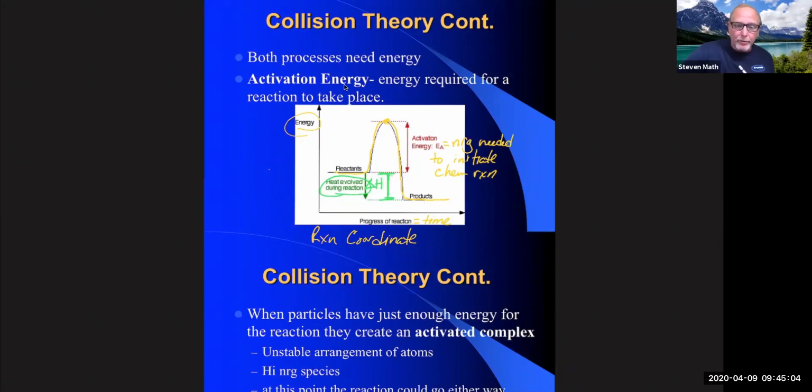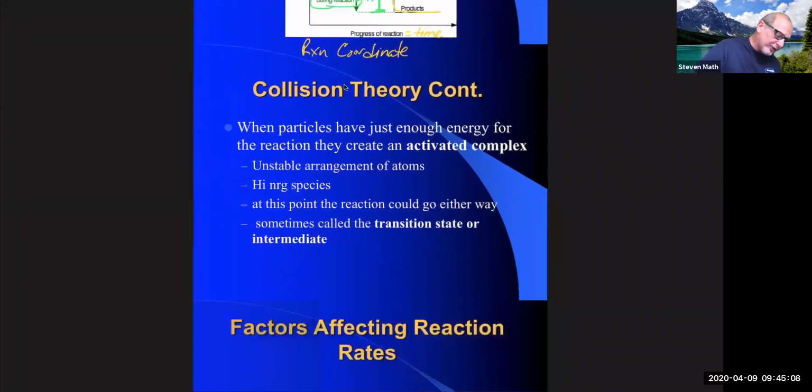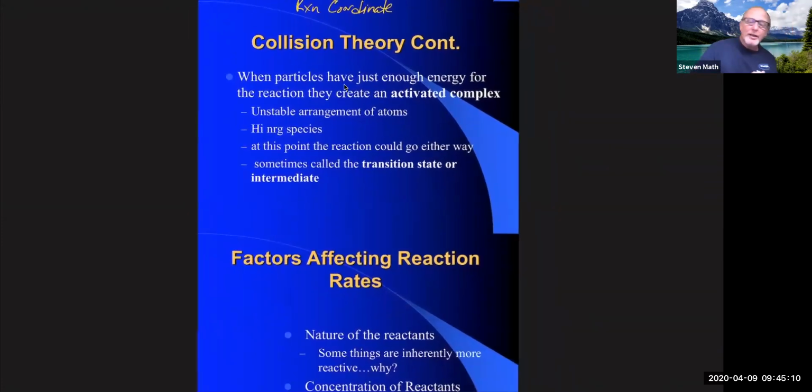So these energy coordinates are kind of important because when particles have just enough energy for the reaction, they create what's called an activated complex. These activated complexes, we will never write, we will never see them in a chemical equation because they're very unstable. They're very high energy, they're very unstable.